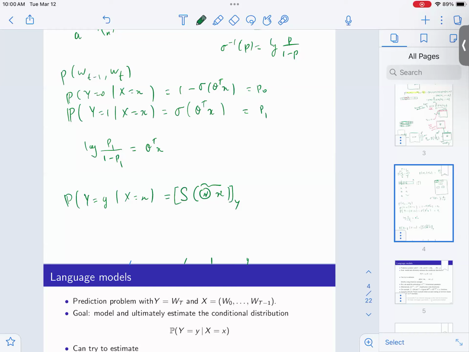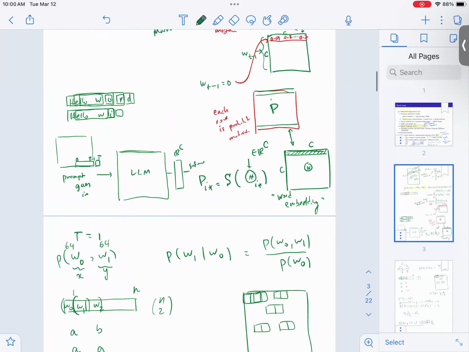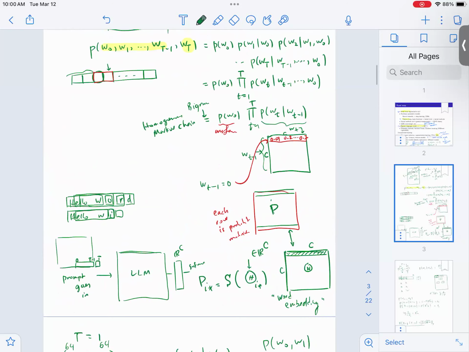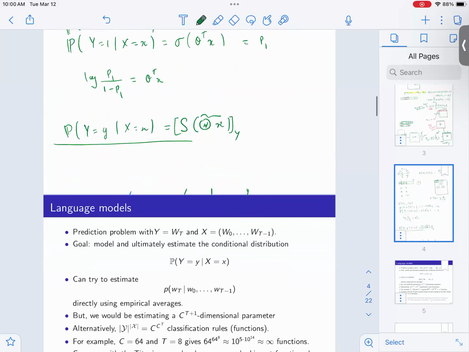So I give you a vector, alpha 0 up to alpha T, and I want to make a probability vector out of it.